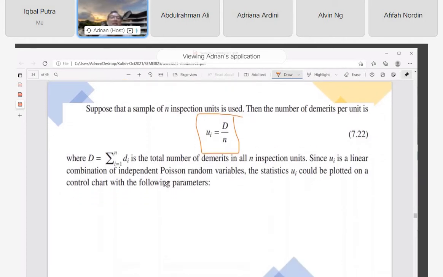In this case, D is the summation of Di, the total number of demerits in all inspection units, the total number of demerits. So maknanya basically is just in terms of counting, bilangan how many.